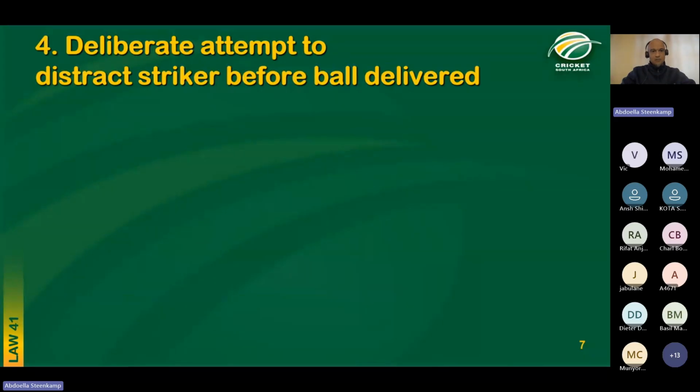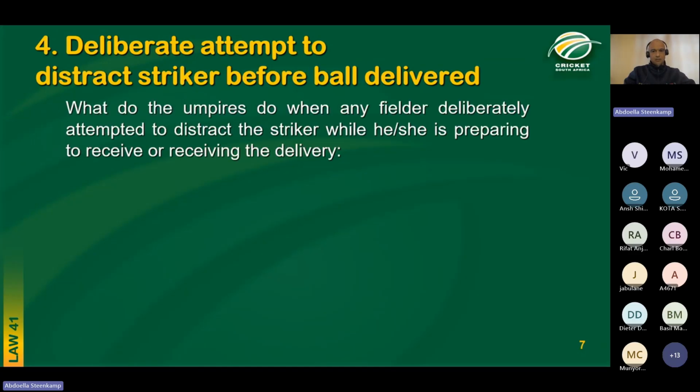So what happens if there was a deliberate attempt by the fielding side to distract the striker before the ball was delivered? What is the punishment? So again, the umpires need to be 100% sure that any of the fielders, and the emphasis is on deliberately, attempt to distract the striker while the striker is preparing to receive or receiving the delivery.